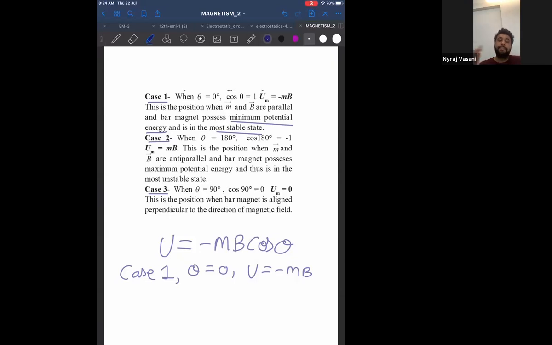Correct. Now, can I say minus MB is the least value you can get? So can I say it is the least energy? And least energy will be the most stable state. Listen to me. Look at me. When any particle has maximum energy, can I say that energy will be very difficult to control?